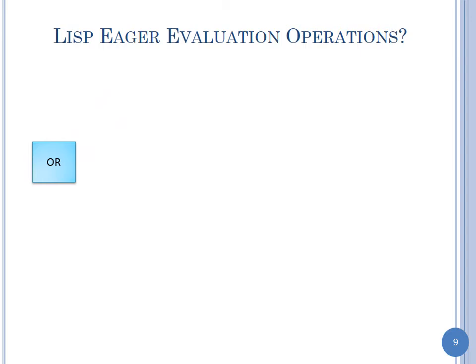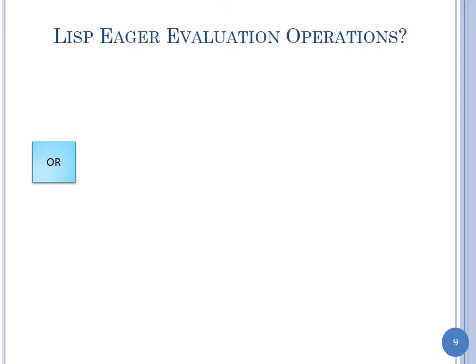Okay, so OR is something we can do eager evaluation on. What other operations can you do eager evaluation on possibly? Not takes only one argument.